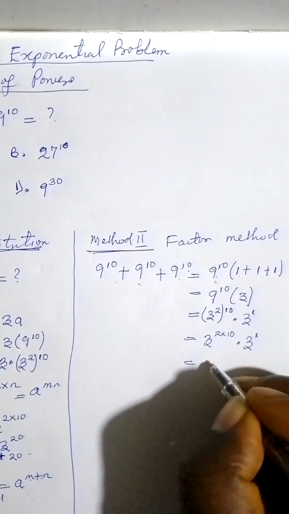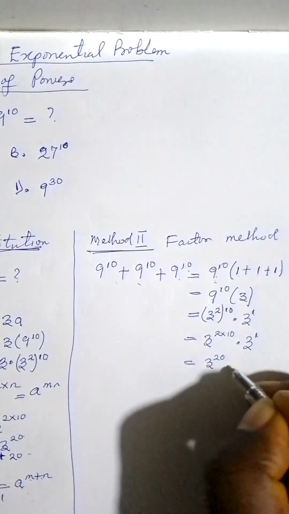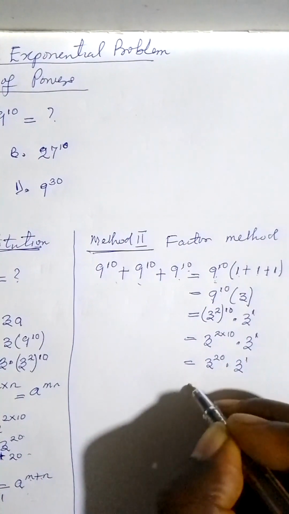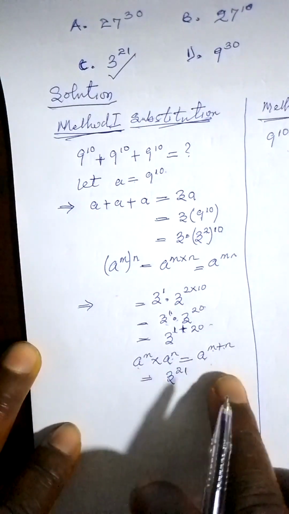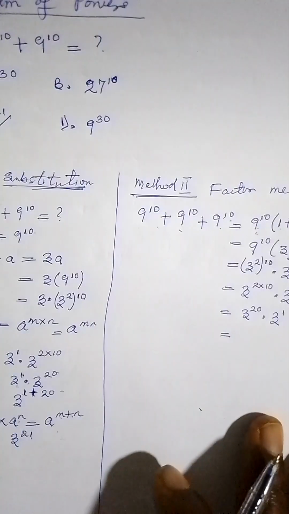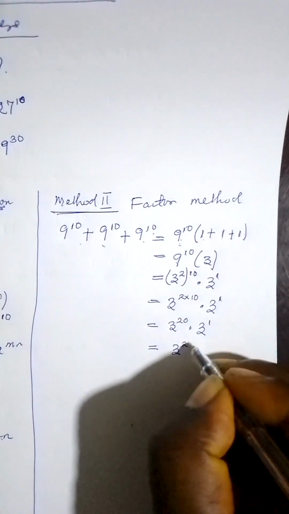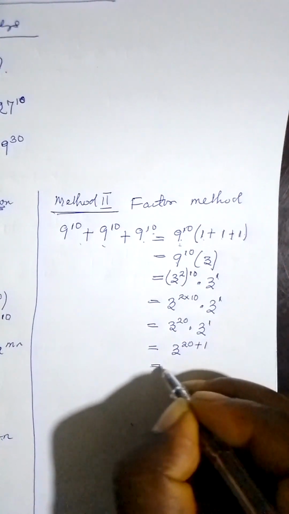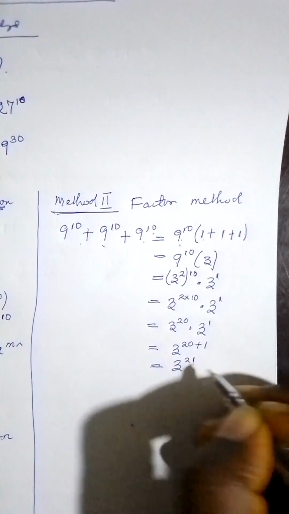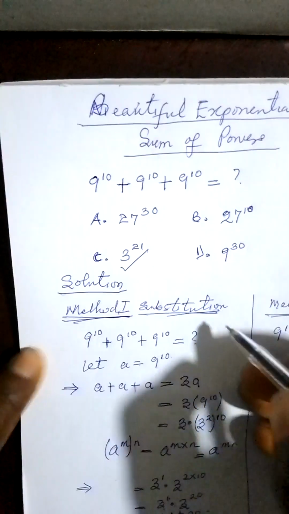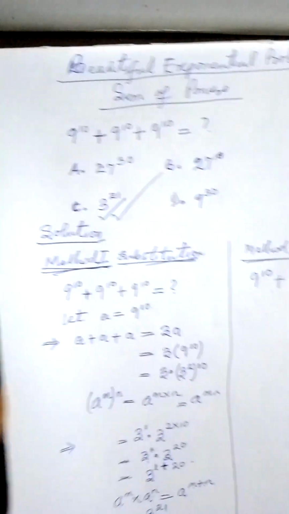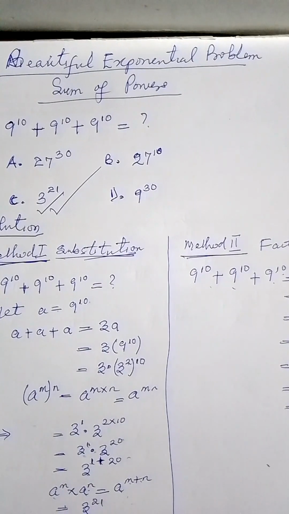So we have 3 to the power of 20 multiplied by 3 to the power of 1. And of course, according to the rule we have established here, the addition rule, this becomes 3 to the power of 20 plus 1, and that will be 3 to the power of 21, which further confirms C as our answer. So there you have it, the solution.